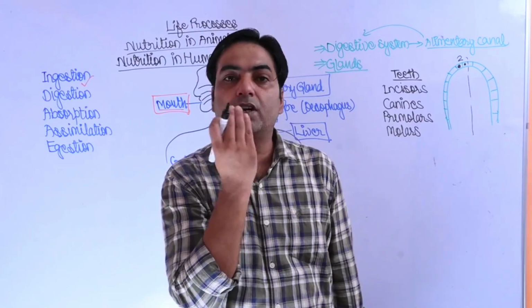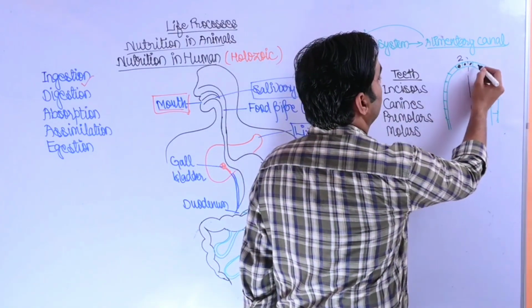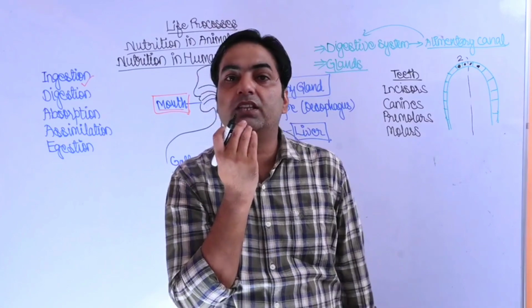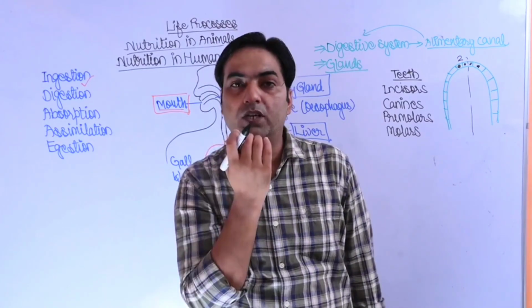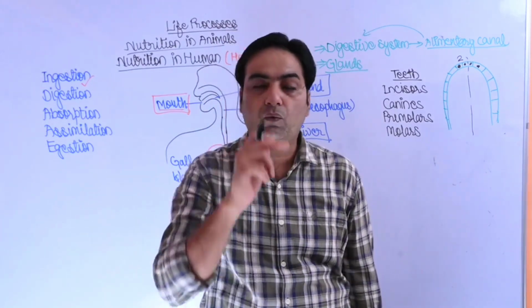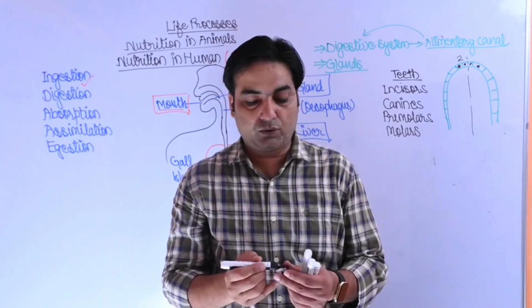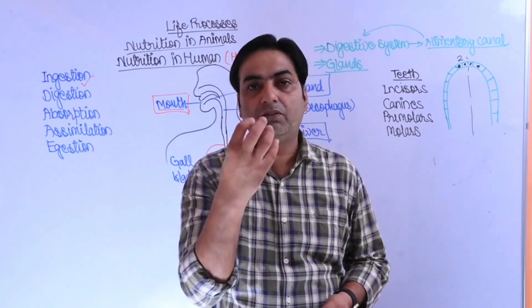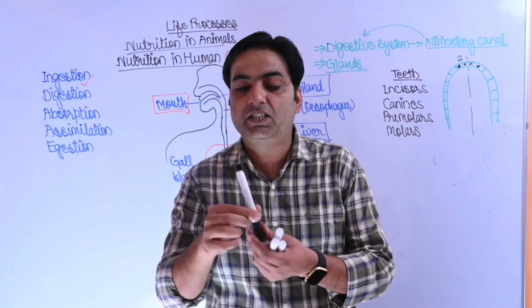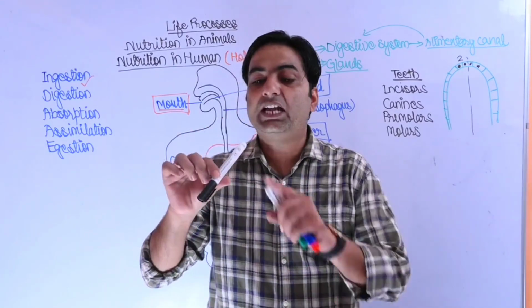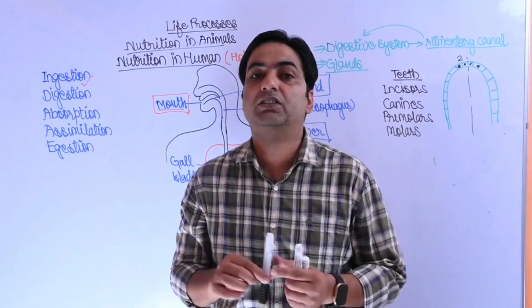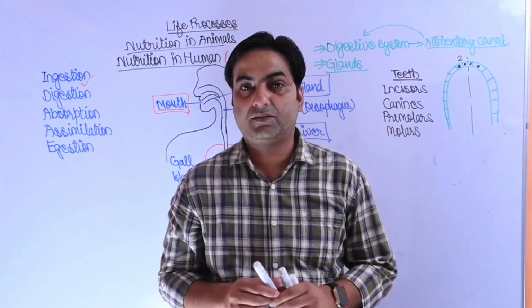After the front ones, there are two here and two here, so a total of four teeth in the upper jaw and lower jaw. Both have four upper and four lower teeth, which help to bite the food first. Whenever we take food, we try to bite it. Suppose this is a food material, we try to bite it with the help of the front teeth. These are called incisors.